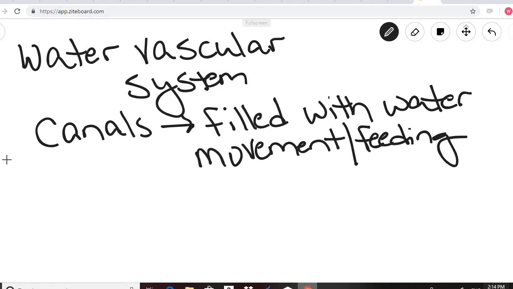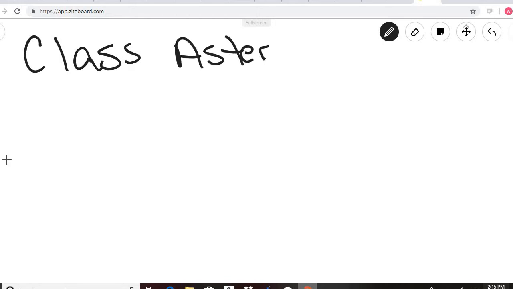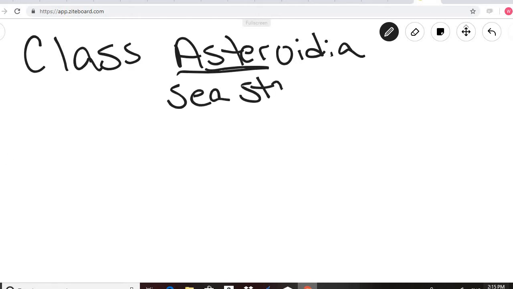So if we were to look at some of the different classes, one class within the Echinodermata is class Asteroidea. So this is like the starfish. So these are the sea stars. So we get our word asteroid from that. These guys can actually push their stomachs out of their body to digest something.